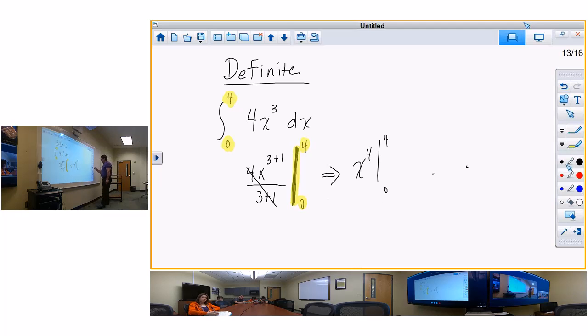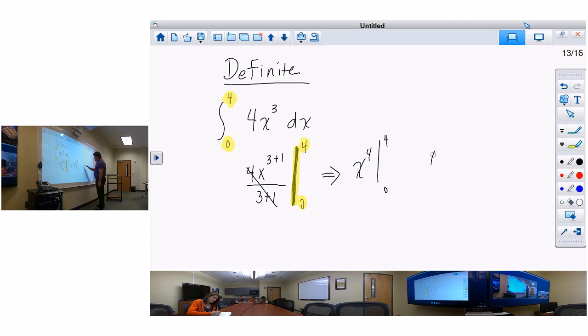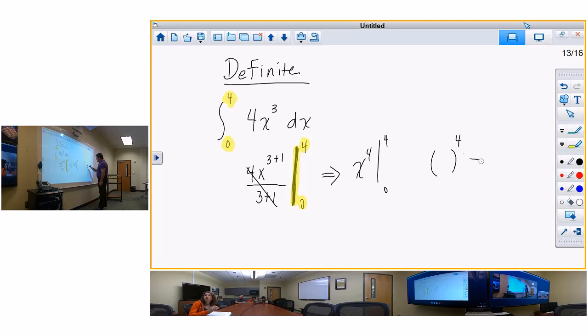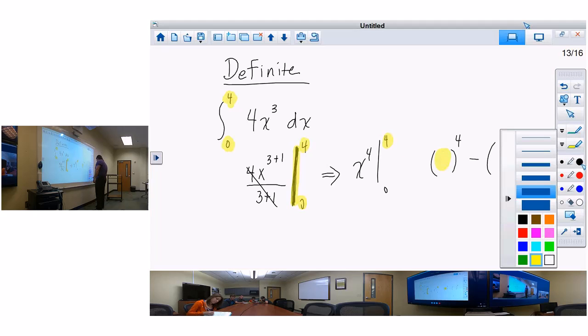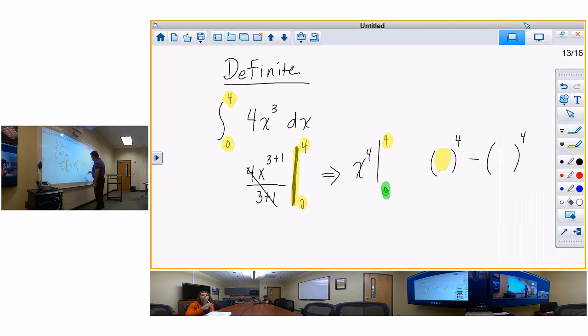I'm going to take my handy dandy parentheses, wherever there's an x, I'm going to put a big set of parentheses, minus a big set of parentheses. And my 4 goes here, in yellow, and the 0 I'm going to color green and put right here. And that's where it always goes. 4 goes here, and the 0 goes here.